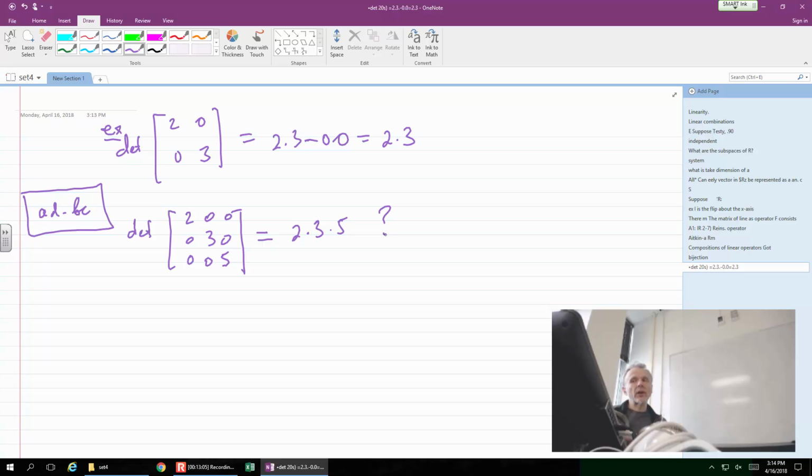It does the stretching in 3 particular directions along the axes. But what if one of the diagonal elements is 0, then what? 2, 3, 0. What is this? Stretch by 2 along the x-axis, stretch by 3 along the y-axis. What about z?